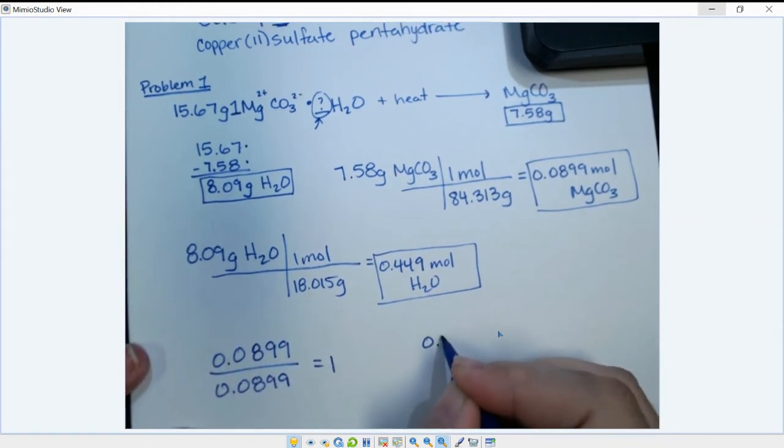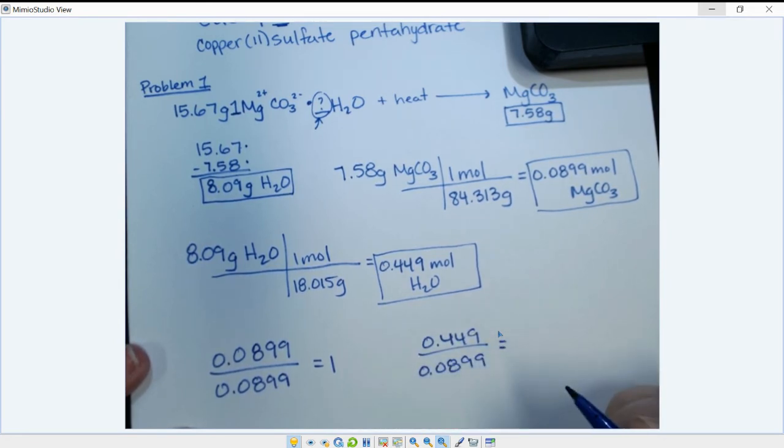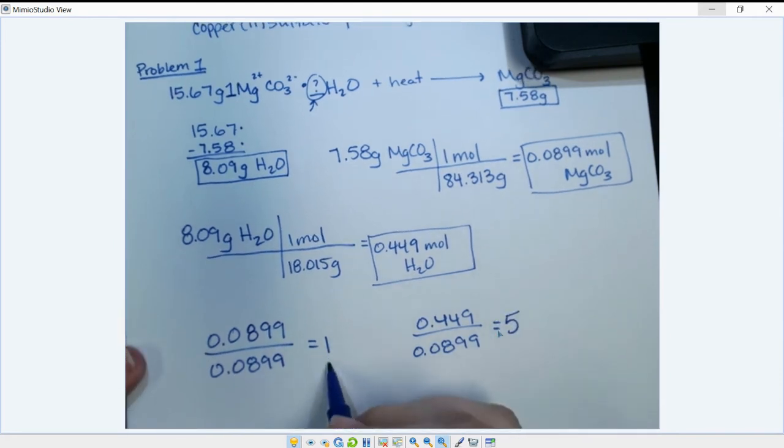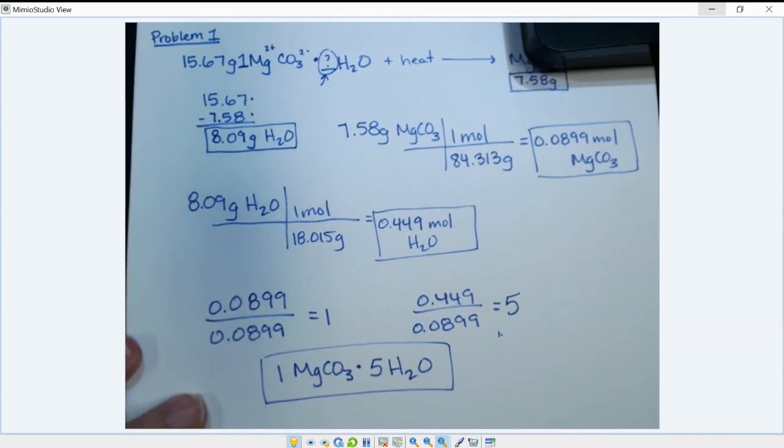Then I'm going to take 0.449 divided by 0.0899. And when I do that, I get 5. And so what this tells me is that the magnesium carbonate is in a 1:5 ratio with the H2O. So that is the formula of this hydrate.